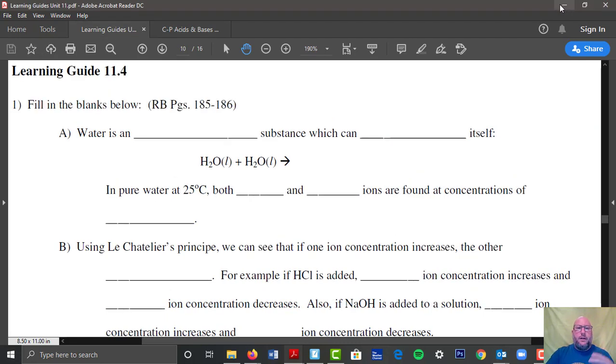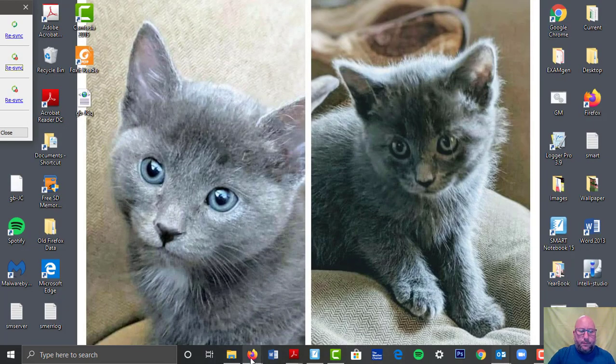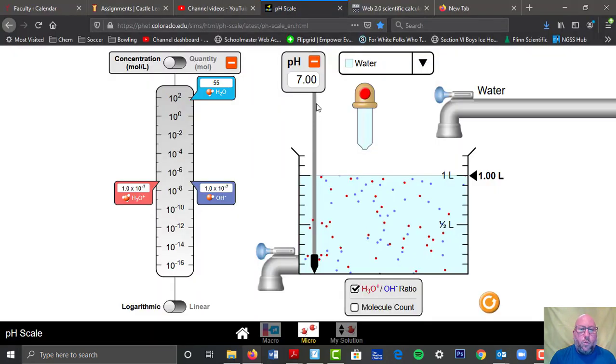So to show you like a map, to show you what this looks like, here is a visual representation of water. Over here on the right-hand side, you'll see a sink full of water, and you see the pH meter here is 7.0.